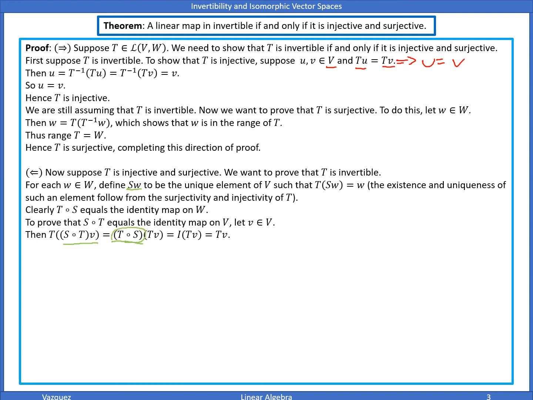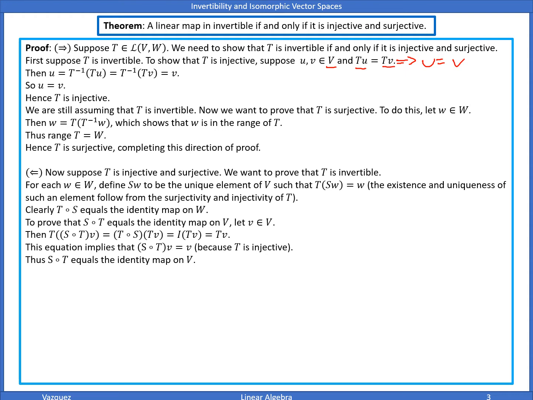Inverses of each other, right? So that's the identity mapping here. Identity of TV is just equal to TV, right? So the equation implies that S of T of V is just equal to V. And again, that's because of the fact that T is injective, and we get that S of T thus equals the identity map on V.